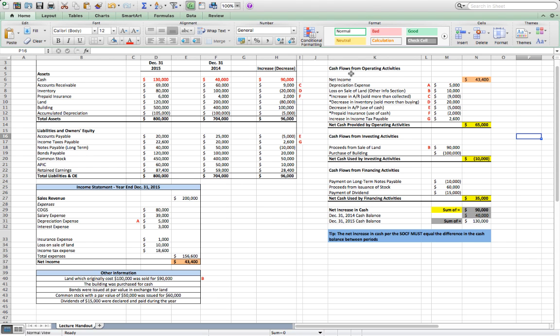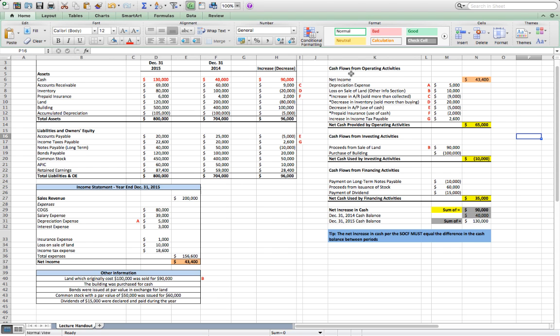On the flip side, say a friend of yours owes you $100. If your accounts receivable from him increases, that means he owes you more. However, he actually did not pay you the cash. But if that account was to decrease, so less accounts receivable, that would represent the fact that he actually did pay you some of the money. So that is a very, very important thing to understand.